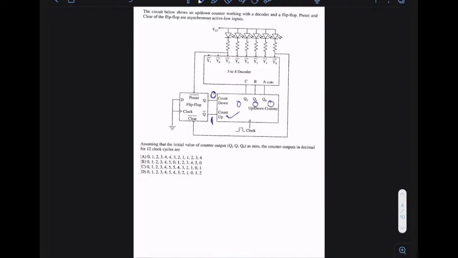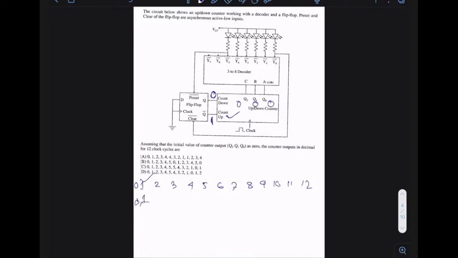Now, taking this into consideration, let's see how we make the analysis. I'm making clock number 1, 2, 3, 4, 5, 6, 7, 8, 9, 10, 11 and 12, because we need 12 cycles. Initially the clock number is 0. We haven't given any clock and the initial condition is 0. Now you give the first clock. When you give the first clock, the counter is in the up direction.